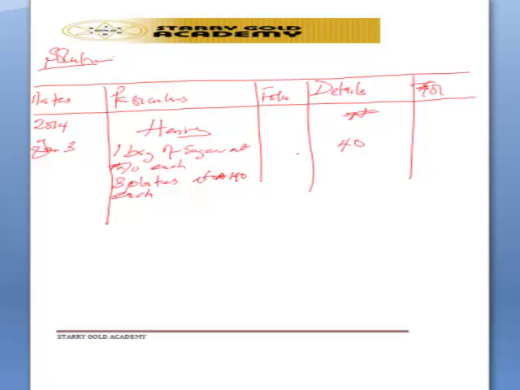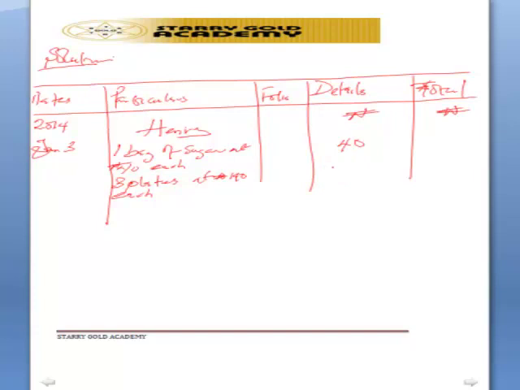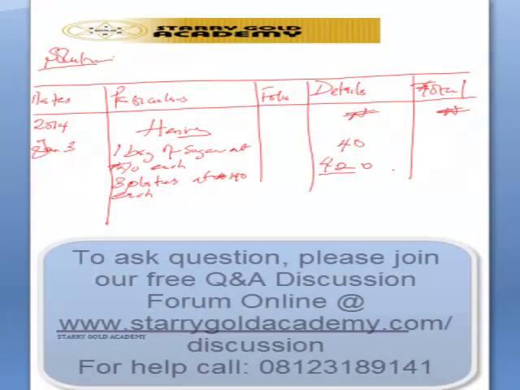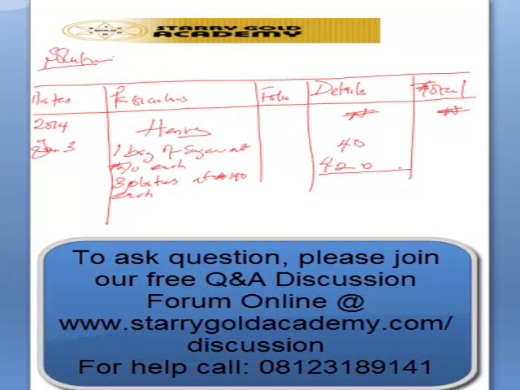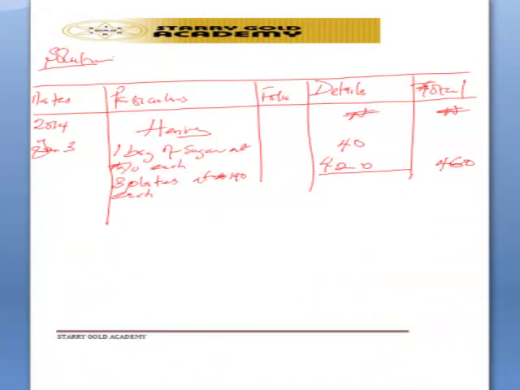That will give us 3 times 140, that is 420. So Henry, plus 40, that is 460. From Henry, 460 worth of goods is being returned. So this is a return inward ledger. Okay, so that is all for Henry.